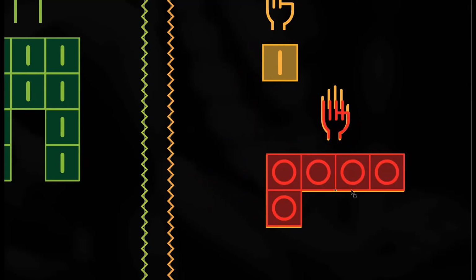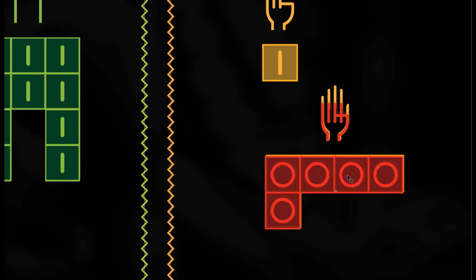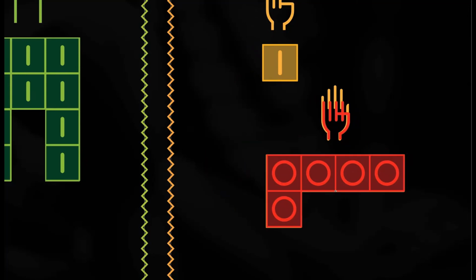This takeaway hand is saying take away 5 objects or put down 5 fingers. And again, when they are atop one another, the positive and negative, they make a zero pair.